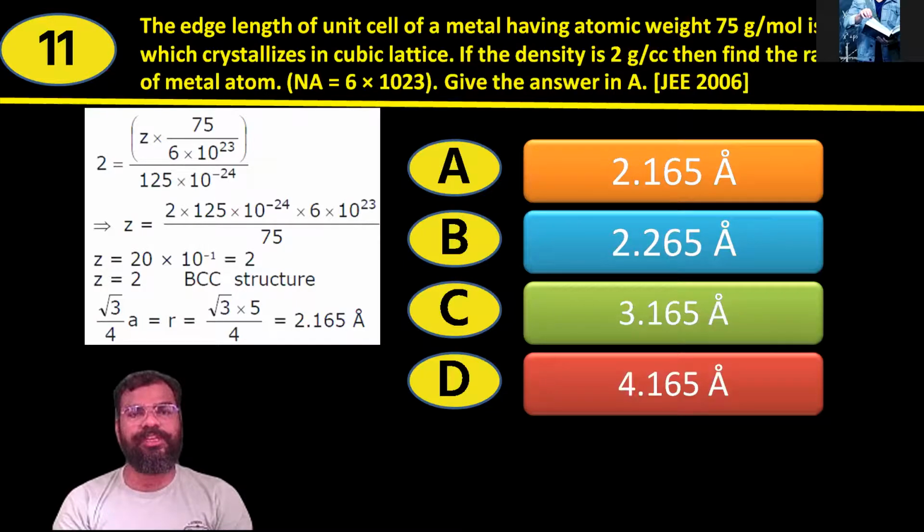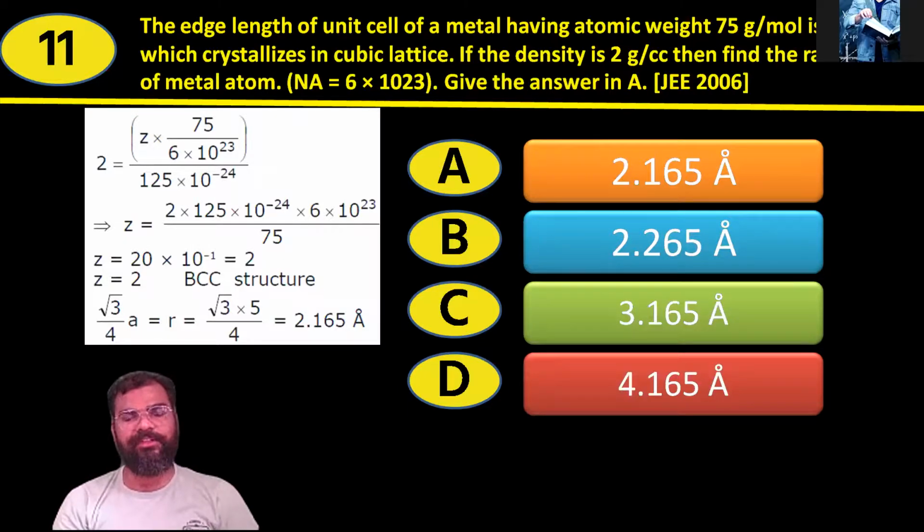So if you make Z the subject, then 2 into 125 into 10 raised to minus 24 multiplied by 6 into 10 raised to 23 upon 75. So the value of Z would be 20 into 10 raised to minus 1, so it would be 2. So Z is equal to 2.